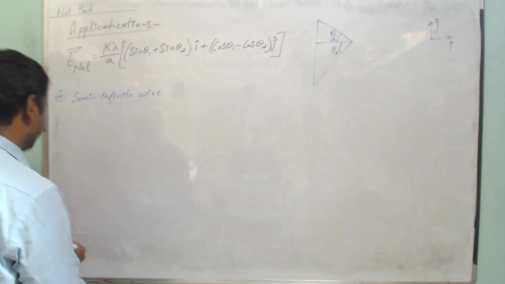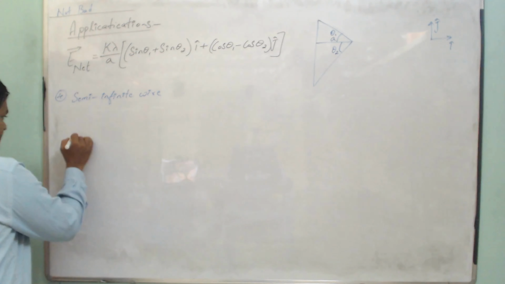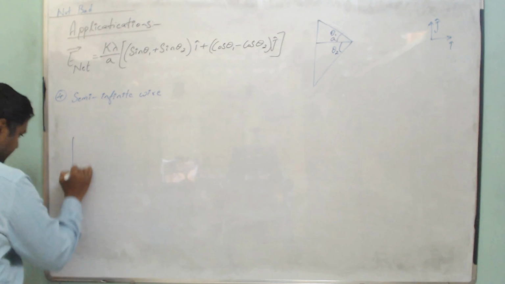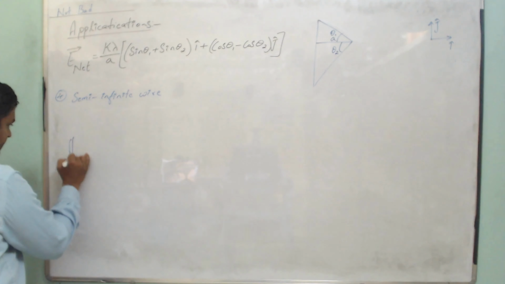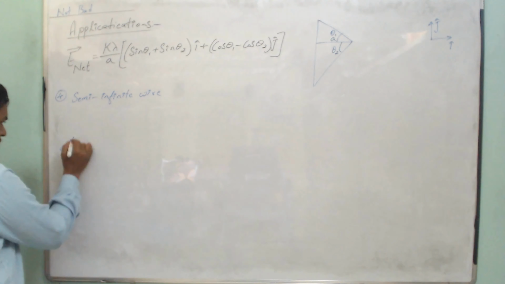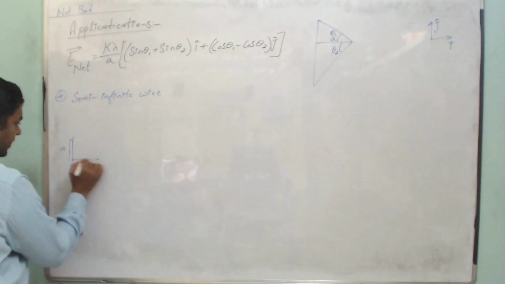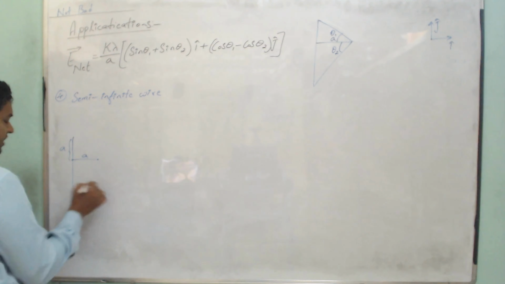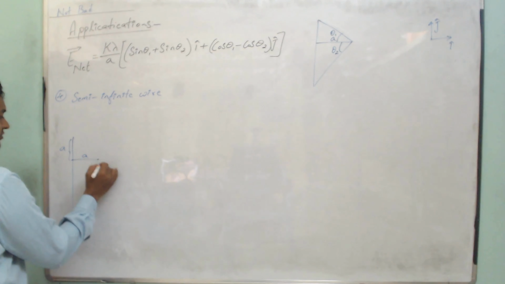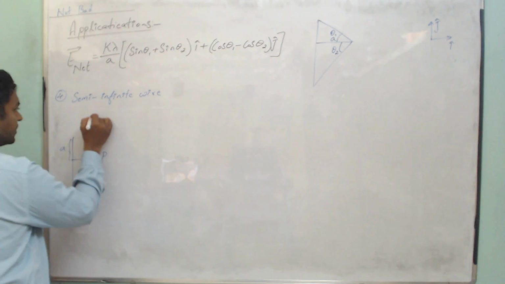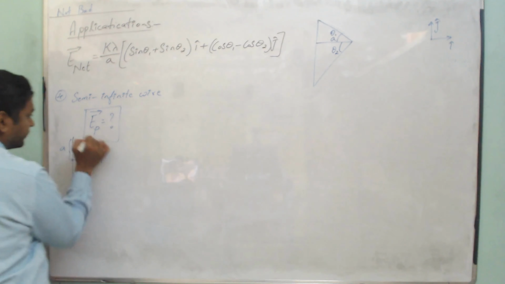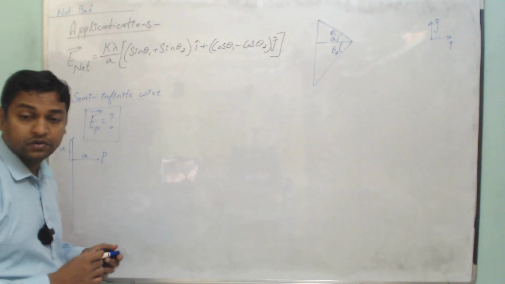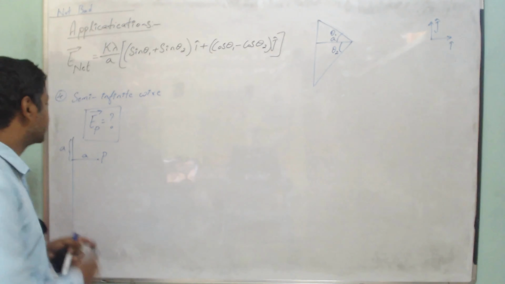Yes, sir. And at a distance of A below the top end and a perpendicular distance of A from the wire, let's say there is a point P, find the electric field at point P. I'll solve this one. Okay. Yes, sir. Understand this.